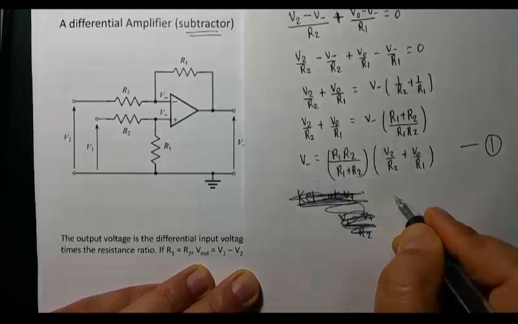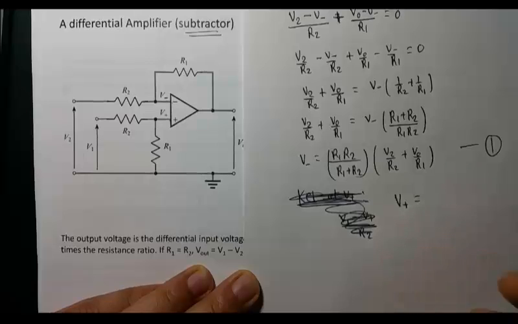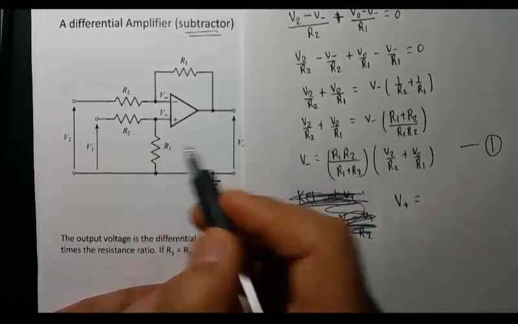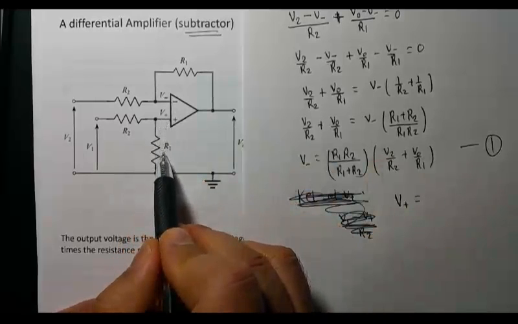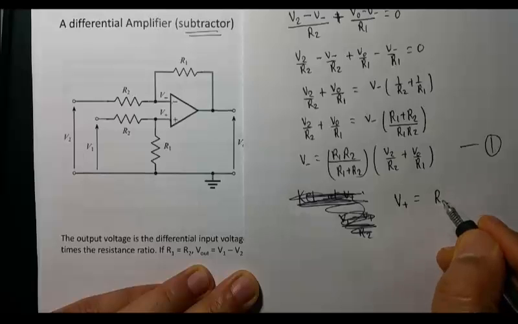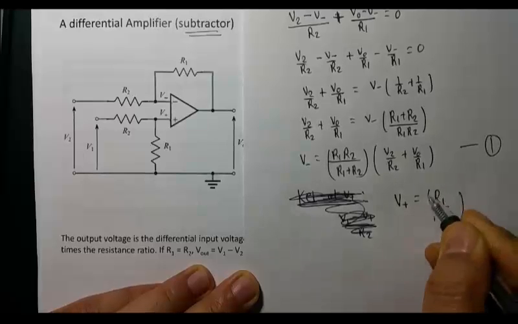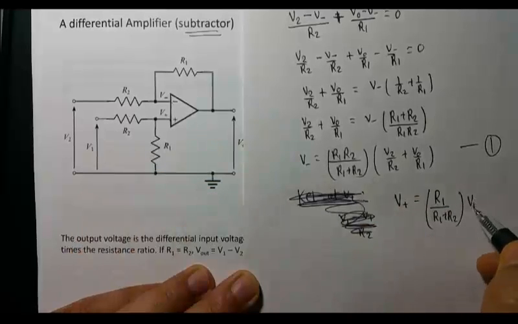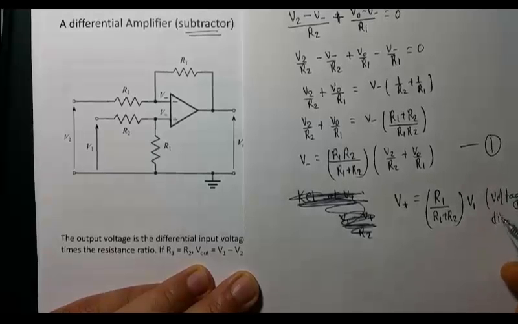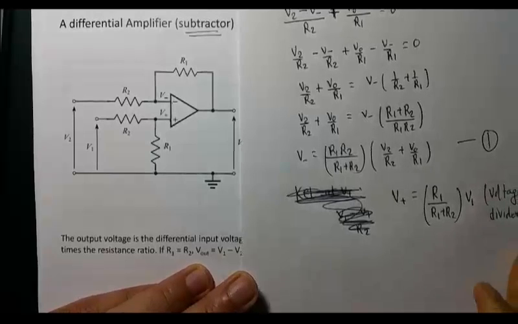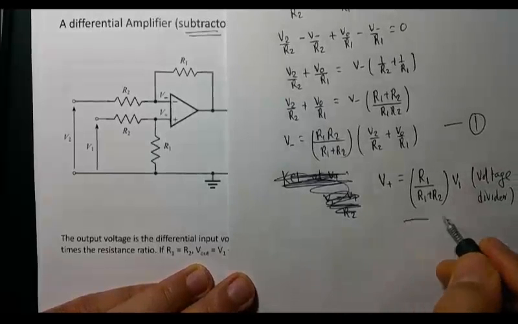So V plus is just from the voltage divider. V plus is just the voltage across R1. So just using the voltage divider, it is R1 over R1 plus R2 times whatever voltage you're inputting, V1. That's just using the voltage divider. Okay. So let's call it equation number 2.